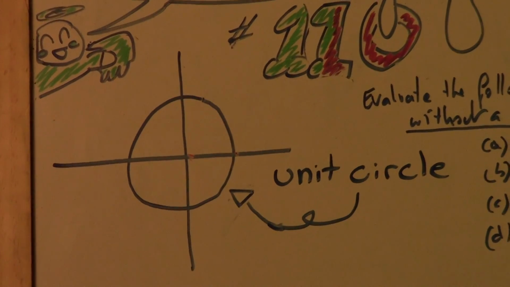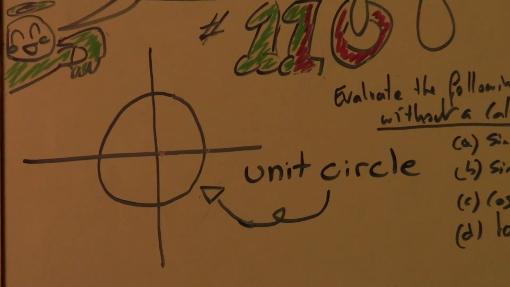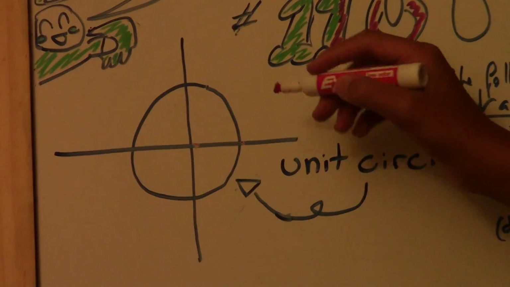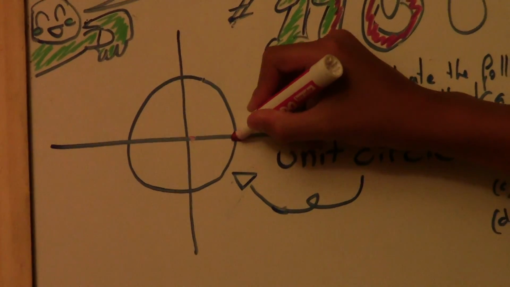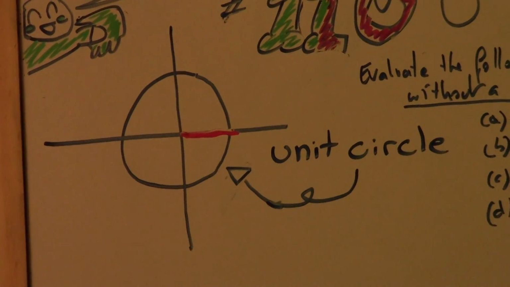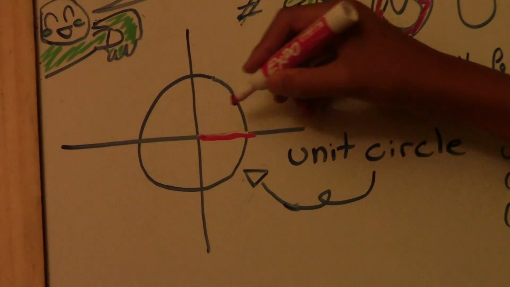I'm going to teach you how to use this with the following. Okay, sin of 135. We know it's more than 90 degrees and less than 180. So 135 minus 90 is 45 degrees.